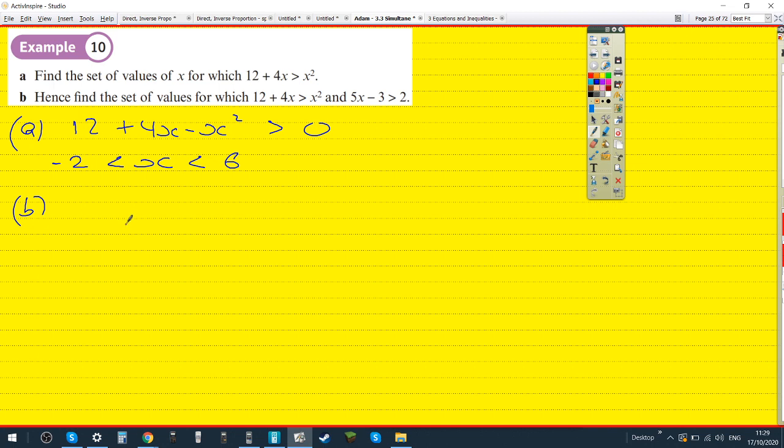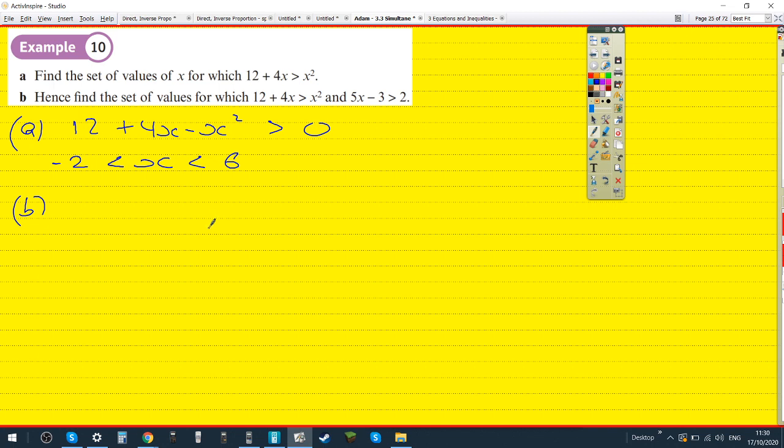So would you work out the second one? Yep. Okay. So it's 5. So you'd minus 2 on both sides. I'd go the other way about it. You're trying to get x, work out x.